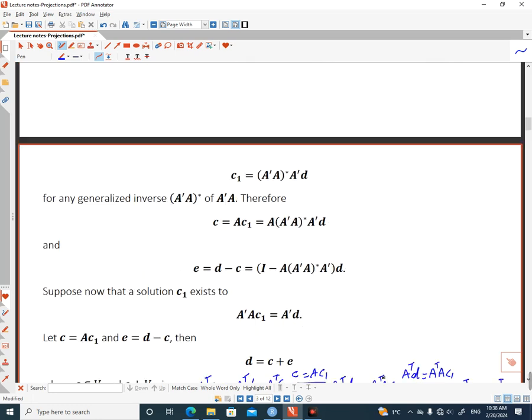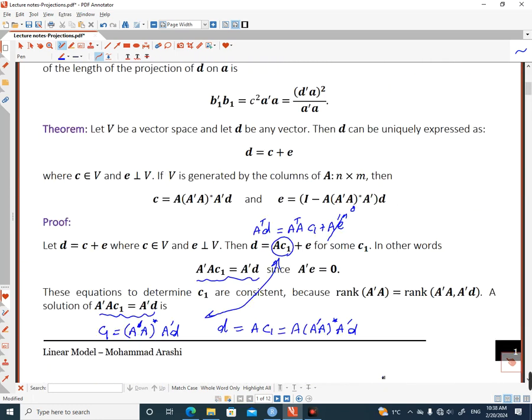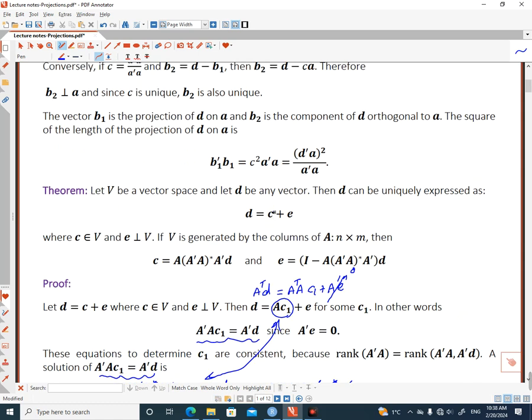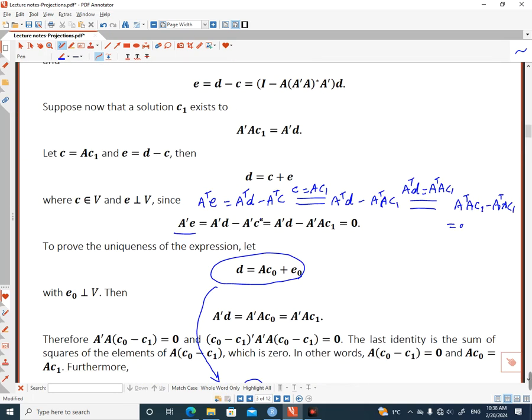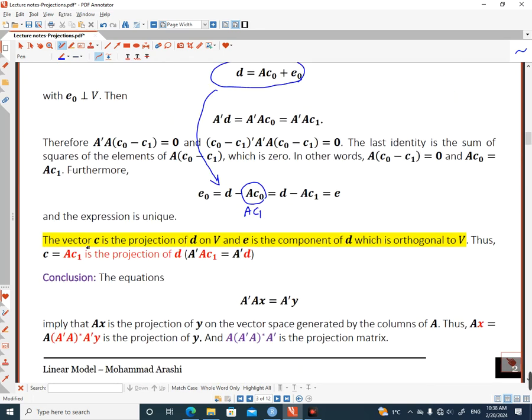So coming back to this expression here, if I use the first theorem, I can say this C is actually a projection of D. So I can use this to write this statement: the vector C is the projection of D on V. Now V is a space, a column space, a vector space generated by the columns.